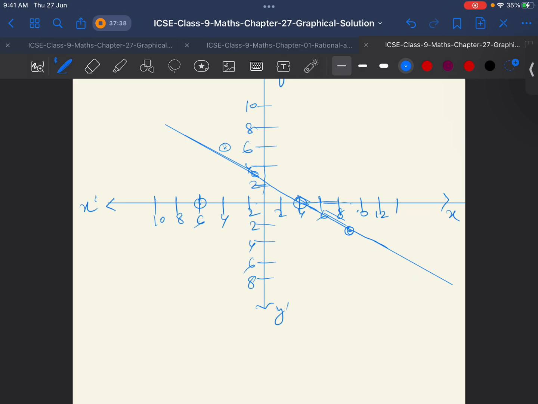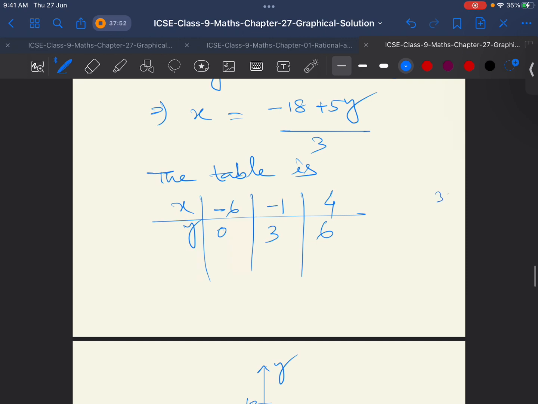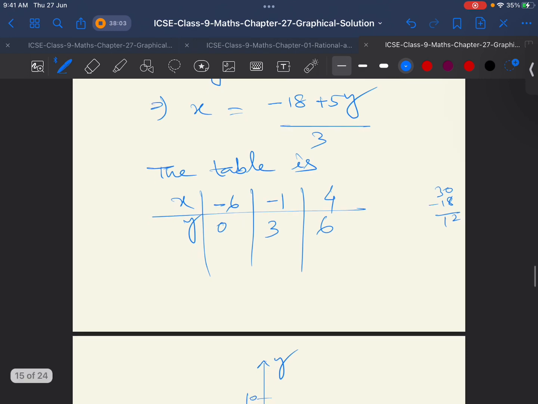For y = 0, x = -6, and for the next point (3, -1), and for 6 we get -18. That point will be here.